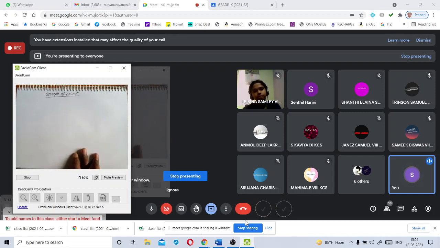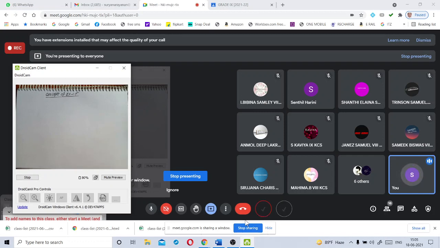We are going to discuss concepts of exercise 1.5. In this exercise, we are going to discuss operations on real numbers.